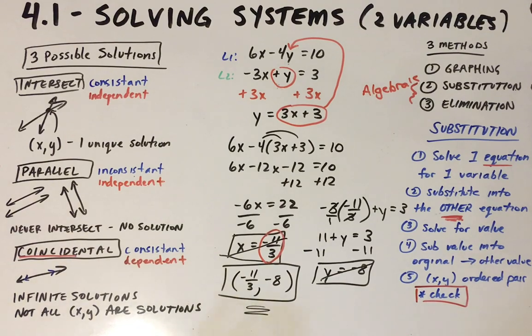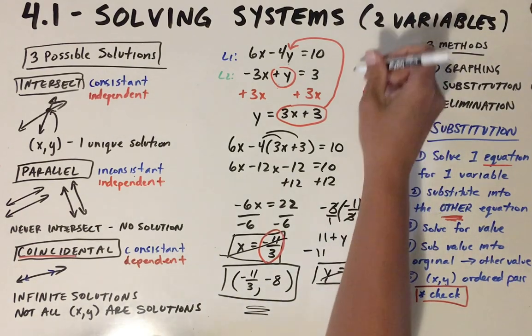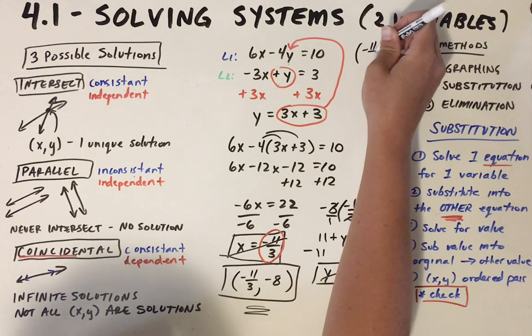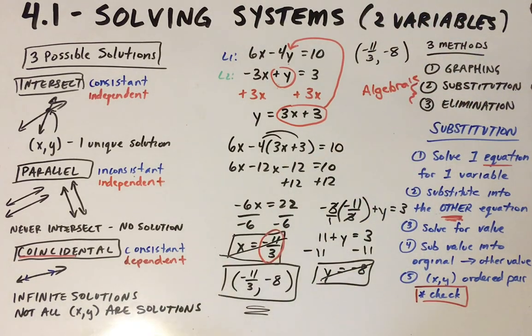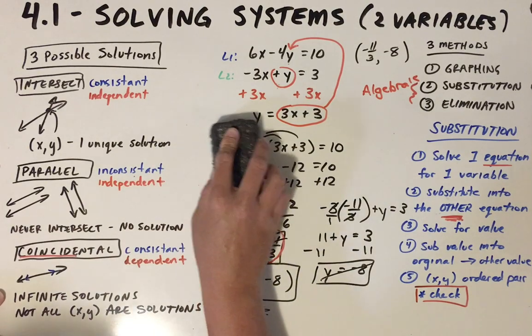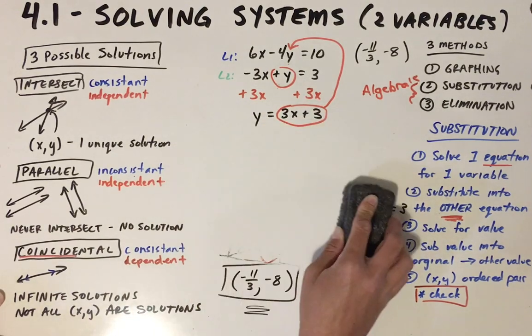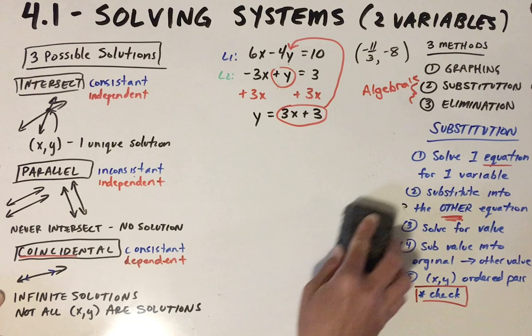My ordered pair for the solution is (-11/3, -8). Let's plug them back in and see if these statements are true. This is how you check.